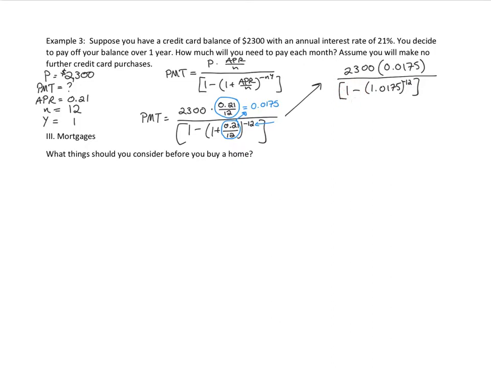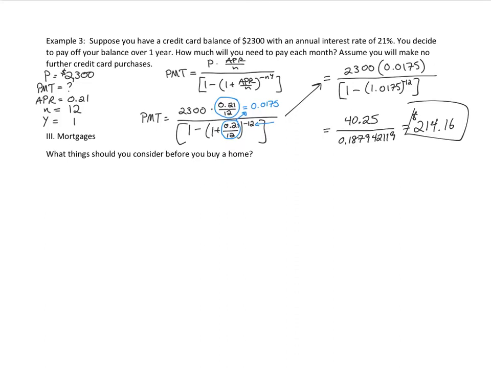So that entire fraction will turn into something that looks like this. And then we can just divide these two numbers and get, I think it was $214.16. So I was way off. I thought it was going to cost a lot more than that.